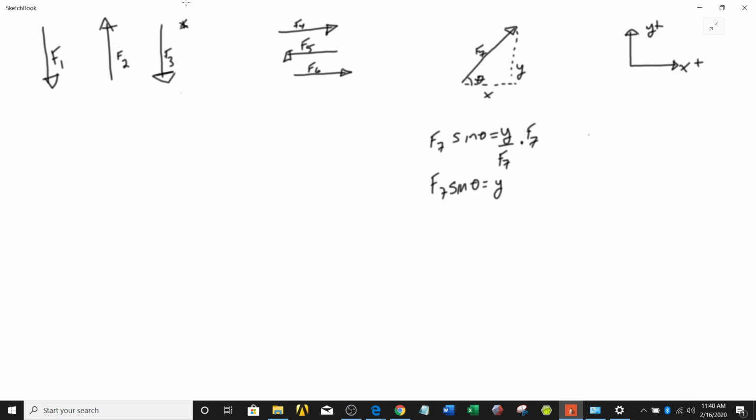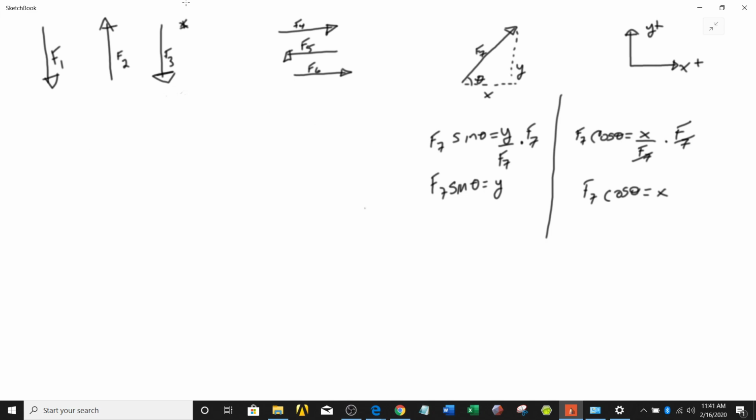And then we can also have cosine of theta, which is equal to adjacent over hypotenuse. Adjacent to this angle is this x, so x over F7, multiply both sides by F7, okay? And this comes out with that. So F7 cosine theta is equal to x. Again, this being the x component.